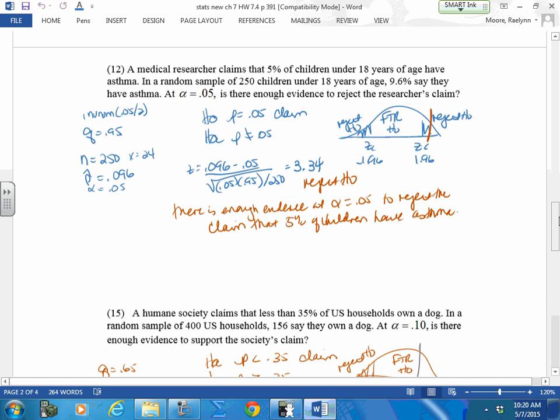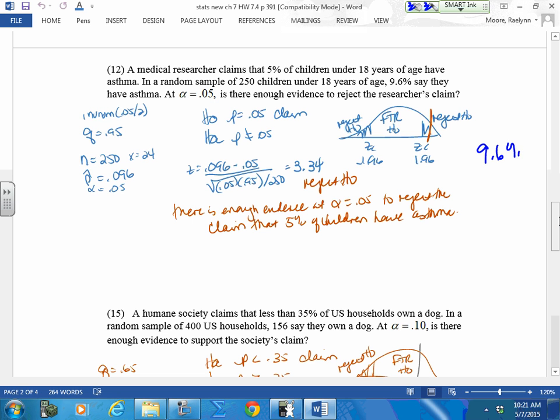Okay, next one, number 12. This is an equal to. Claims that 5%. Not less than, not more than, that's my equal to. 0.05. Make sure you don't put 0.5. That's 50%. So 18 years of age, it doesn't matter. 9.6%. How do I turn this into a decimal?